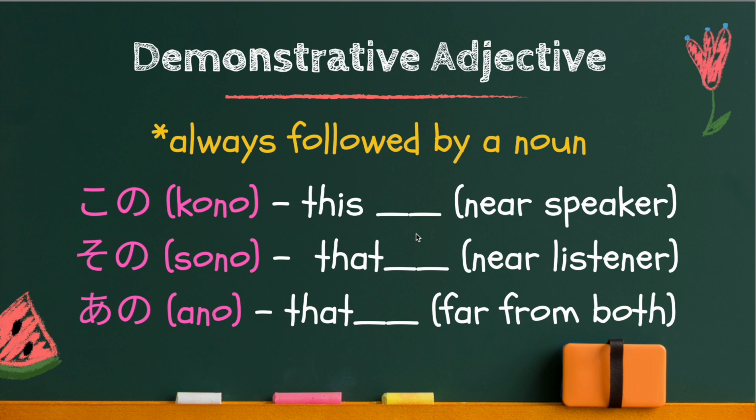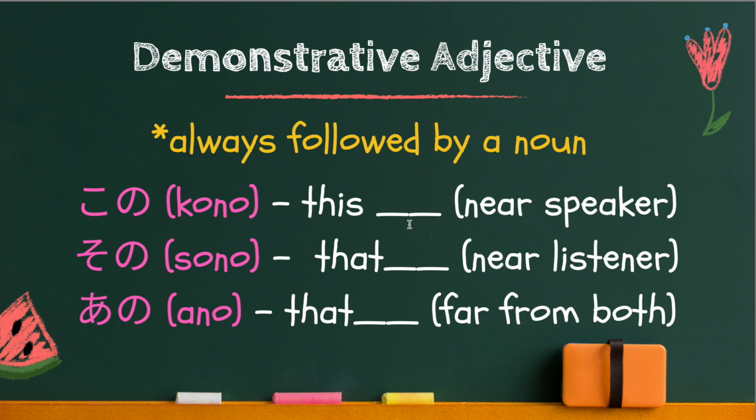But this time, you need to be more specific. For example, this bag. So, this bag is new. This bag is red. So, you are not only saying this is a bag. But this time you are more specific, this bag.